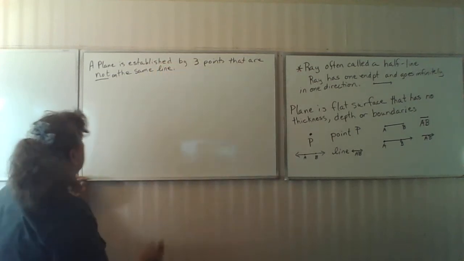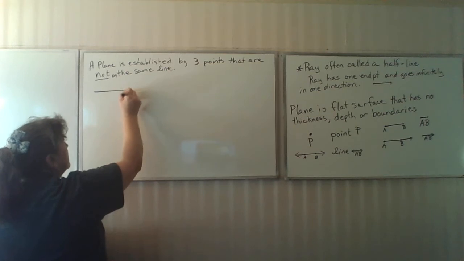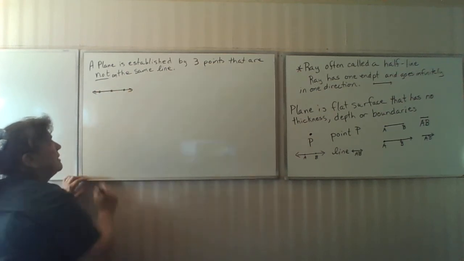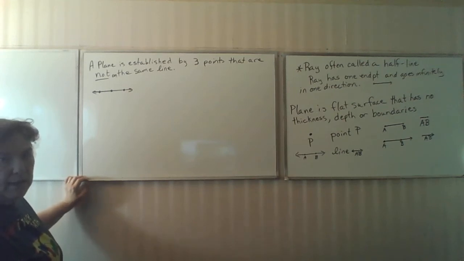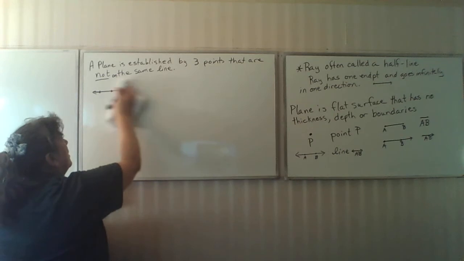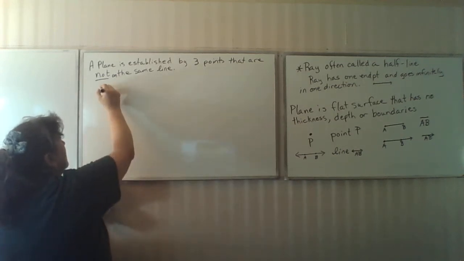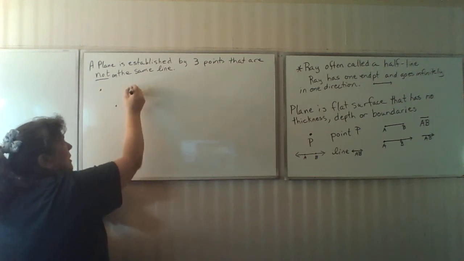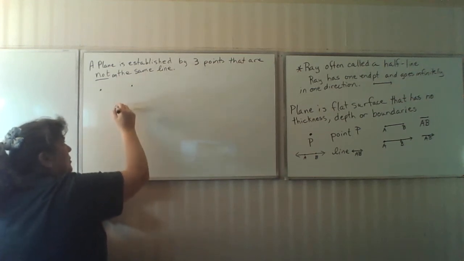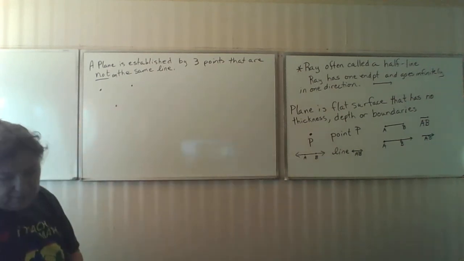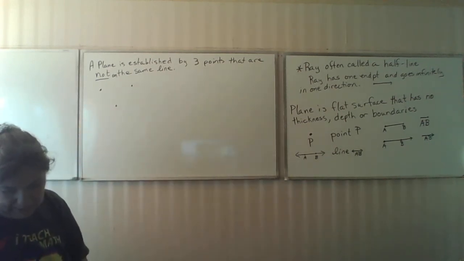Okay, for example, if I have 3 points all on my same line, that only establishes a line. It doesn't make a plane. So to get to a plane, you can't have your points on the same line. I've got 2 on one line, I've got 2 on a line, and I've got 2 on a line. So none of those are on the same line, and that would establish your plane.